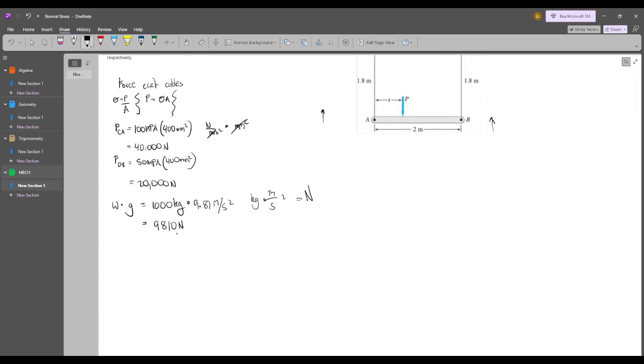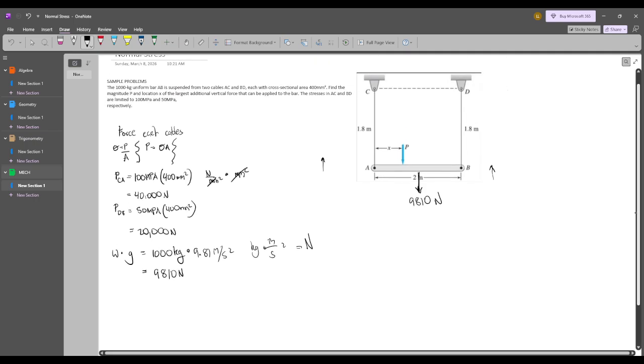So we finally have a usable load, which is 9,810 newtons. We have a lot of vertical loads, and P itself is a vertical load.